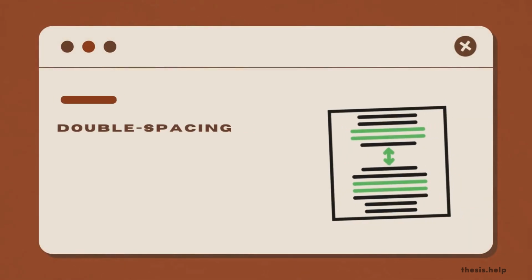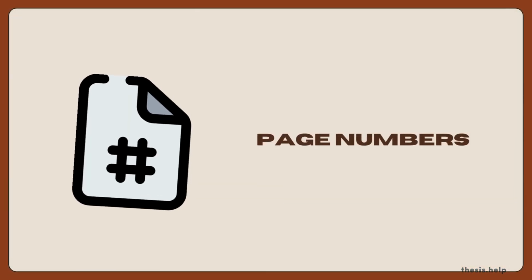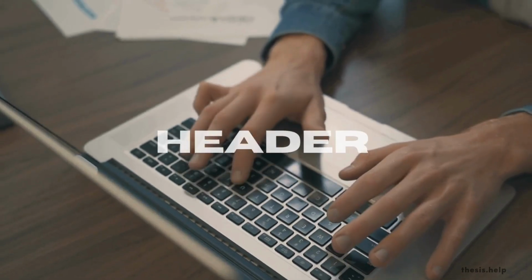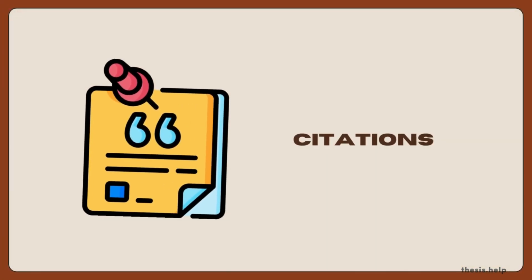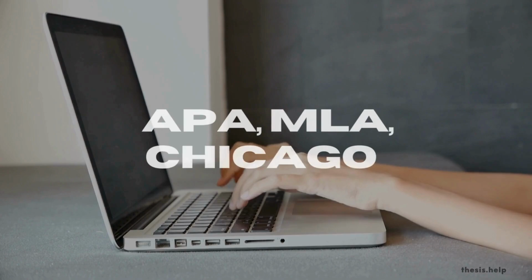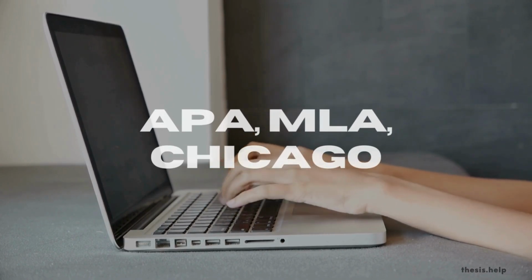Double spacing is often required, though some sections like footnotes may be single-spaced. D. Page numbers. Ensure page numbers are correctly spaced, usually in the header or footer. E. Citations. Follow the specified citation style, e.g. APA, MLA, or Chicago, as stated in the guidelines.